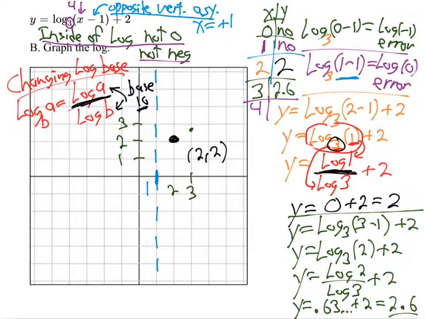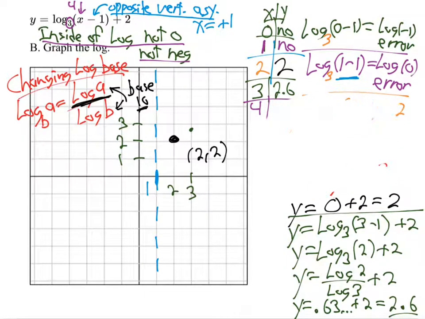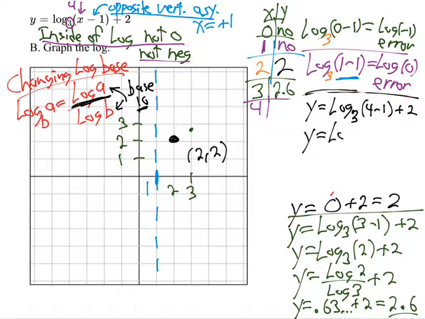So if we plug in 4, I get y equals log base 3 of 4 minus 1, plus 2. And that's going to come out log base 3 of 3, plus 2.